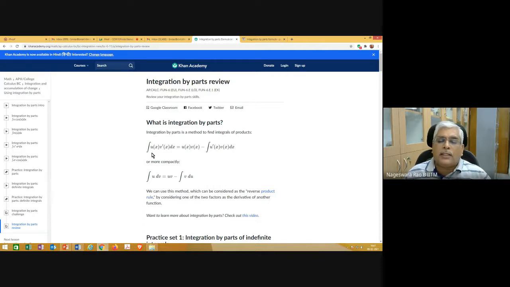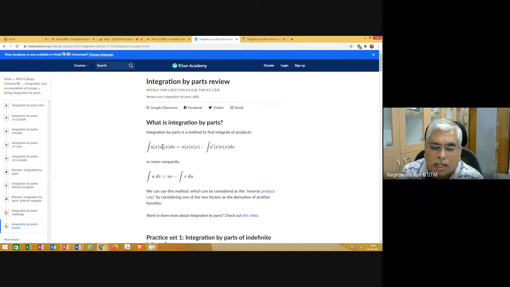Basically, what this is, integration by parts, first take a note of this equation. And here you are integrating u, which is a function of x, multiplied by another function of x, which is v prime.